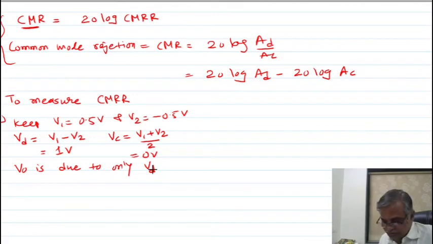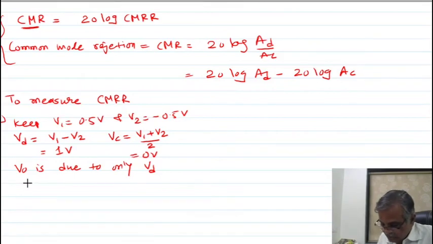Measure the output, and this output is not due to the common mode signal.